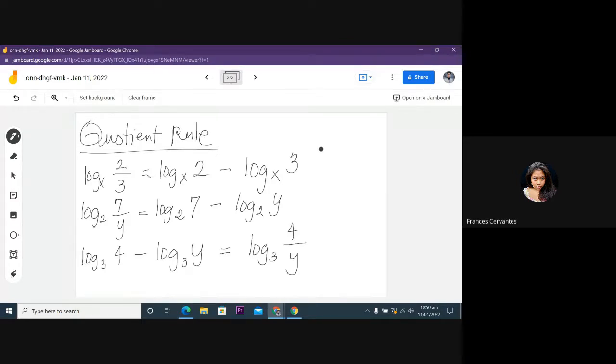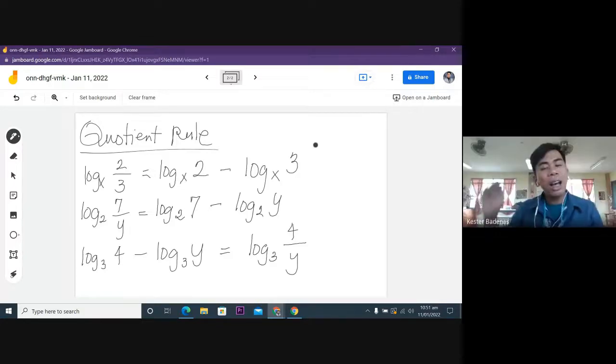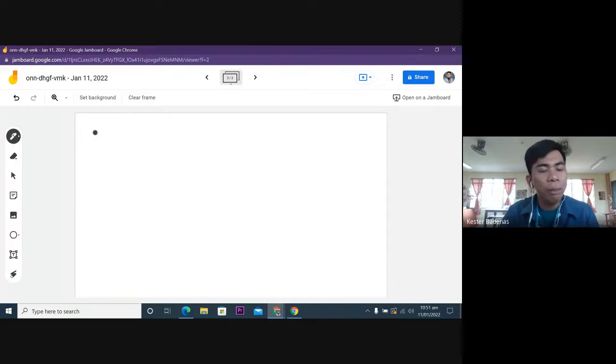Kasi kaysa po 4 over y siya, what if po 4 minus y po siya? Possible po ba mangyari yun? Okay. So, wait lang, mag-ako-board na. Kunwari, instead of logarithm of 4 over y, magiging 4 minus y siya. Tama ba? Tapos with the base 2.